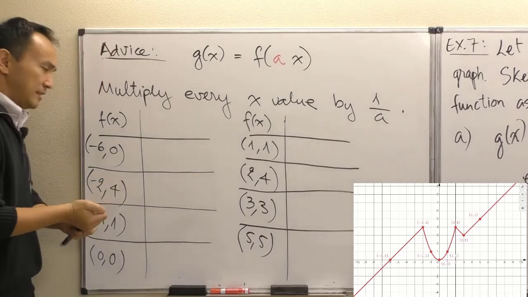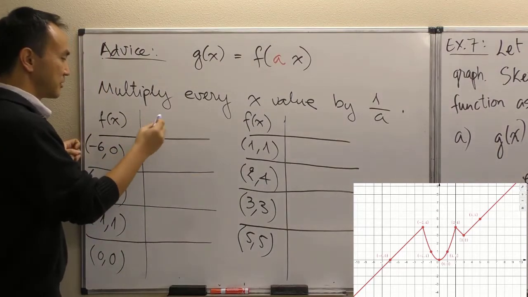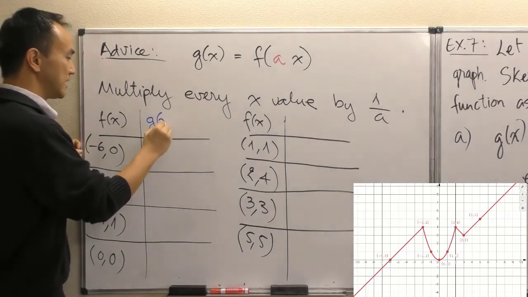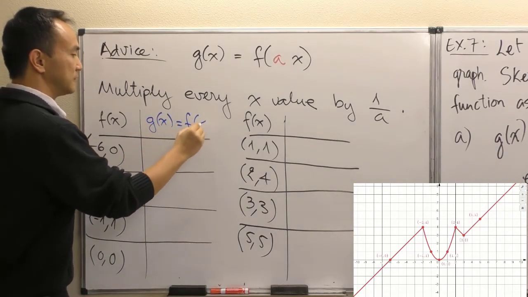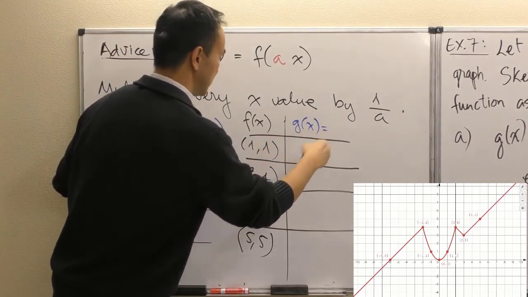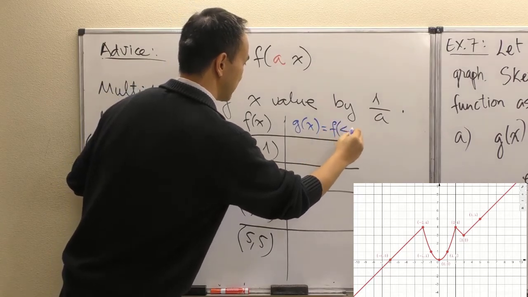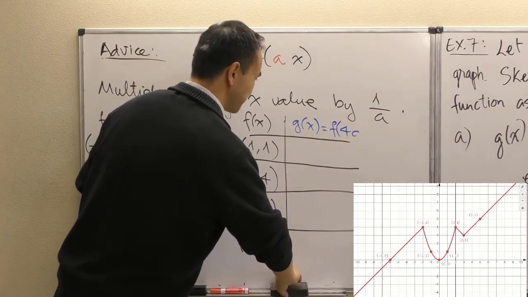So this is how I'm going to create my g of x, which is defined as f of 4x. This column contains all those guiding points on the blue graph, f of 4x.